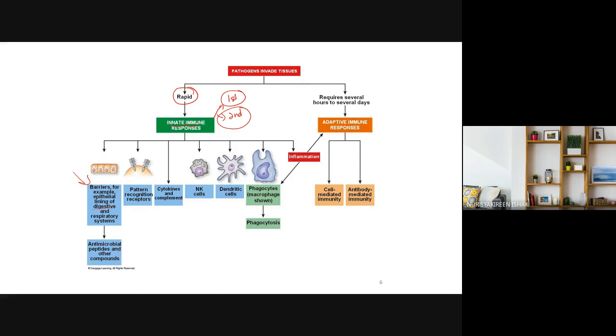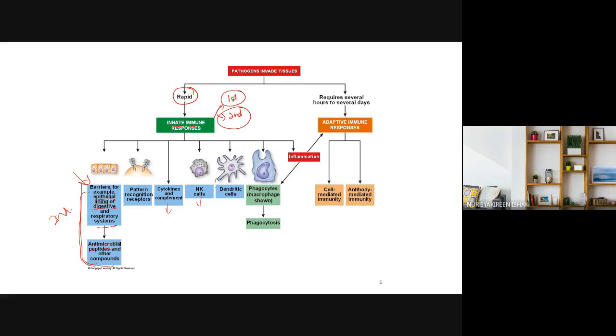So antimicrobial proteins, ini sebenarnya adalah second line defense ni. Okay, and also antimicrobial peptides. So these are actually second line defense. Pattern recognition receptors, cytokine and complement system, ini second line defense. NK pun second line defense.